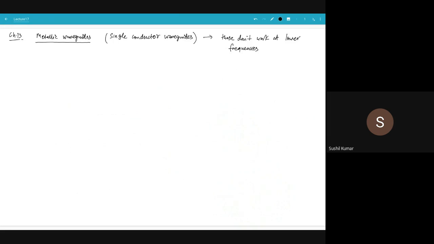That was the lowest cutoff. So the frequency of radiation that we want to channel in this waveguide has to be greater than this frequency. That's pretty much the answer, but I want to give you a slightly different perspective of what's the limitation on the geometry of a waveguide. We are extending this discussion a little bit here. So these don't work at lower frequencies, right?